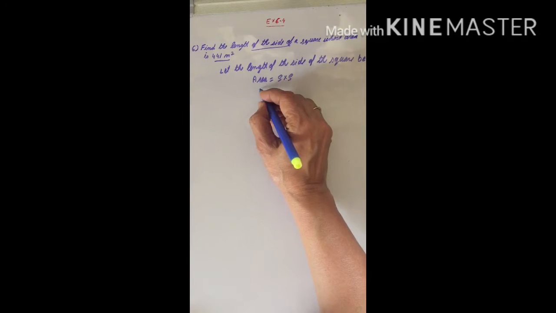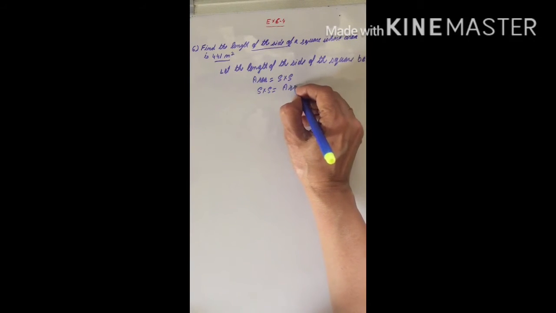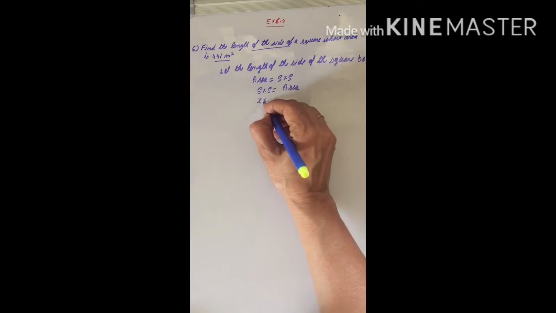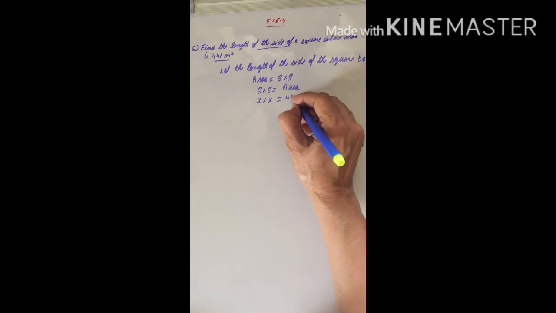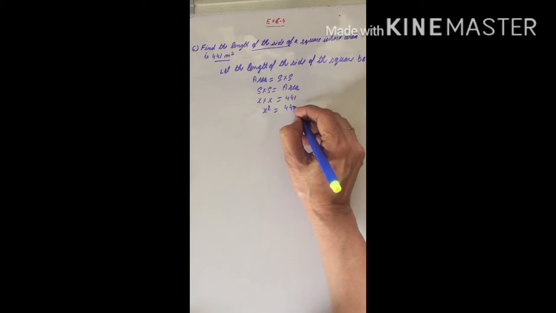It means if we multiply side into side, it is equal to area. Here we have taken x as side, so we will write x into x, and the area is already given, that is 441. It means x square is equal to 441.